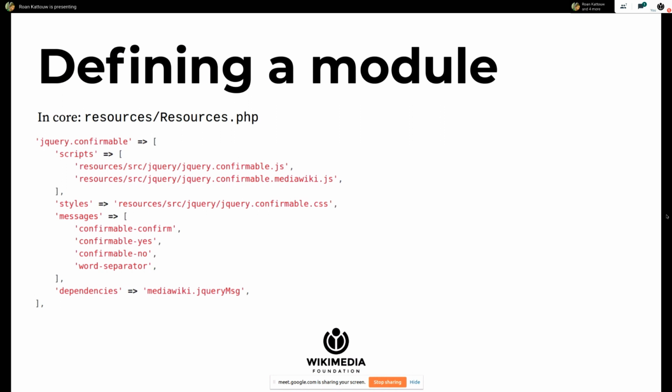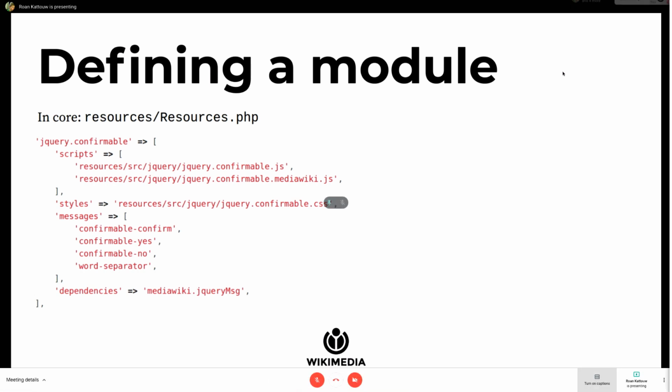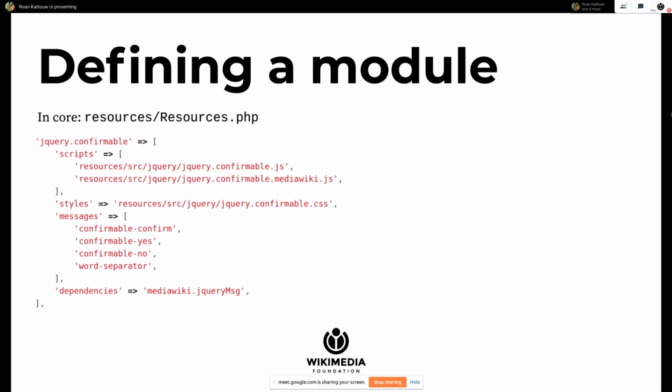Starting with the basics, ResourceLoader revolves around modules. A module is a piece of front-end stuff. Here's an example definition of a module. This is in the resources.php file in core. As you can see, this module contains some JavaScript files, a CSS file, some internationalization messages, and it has a dependency.